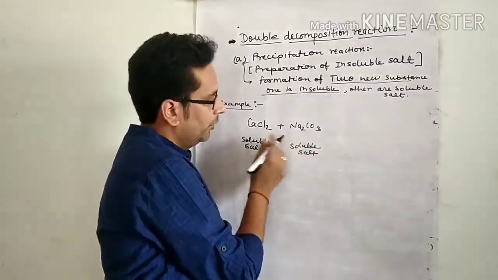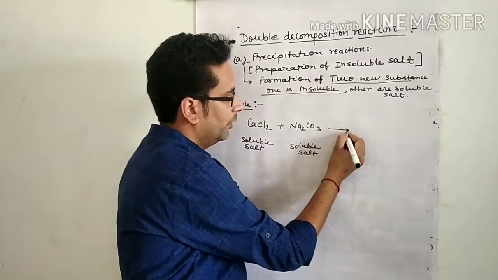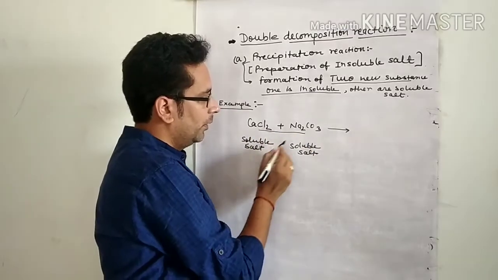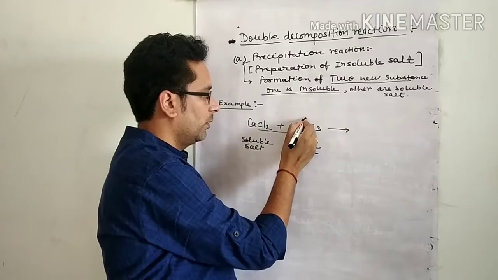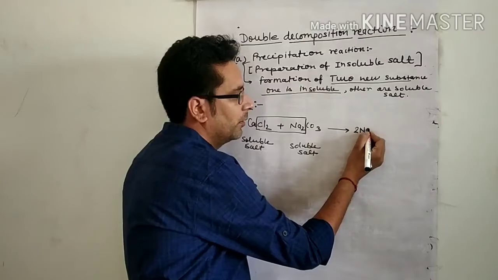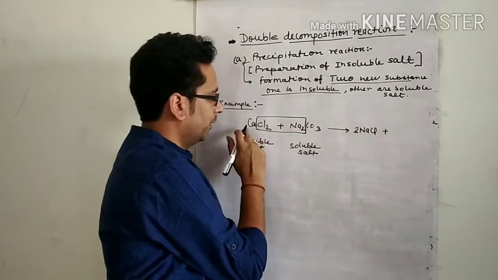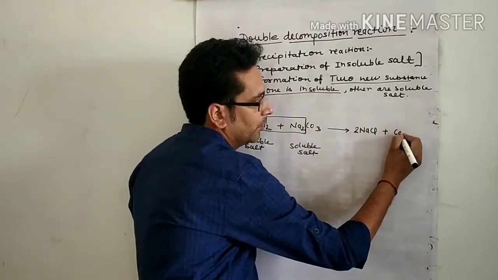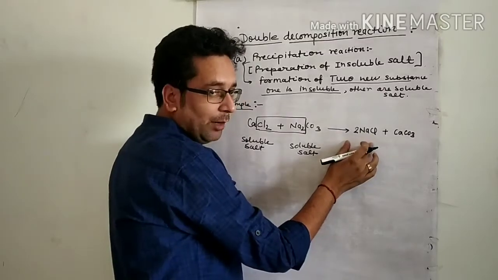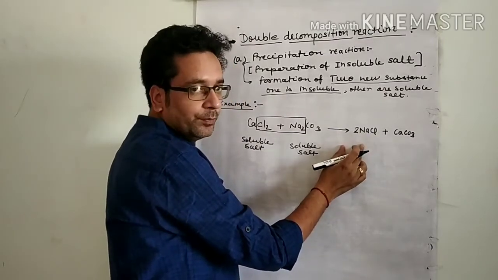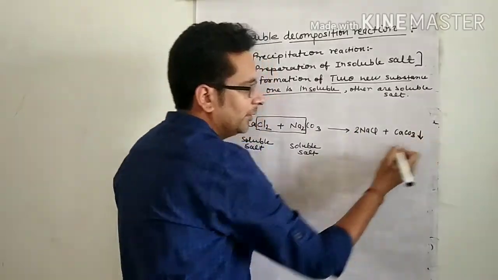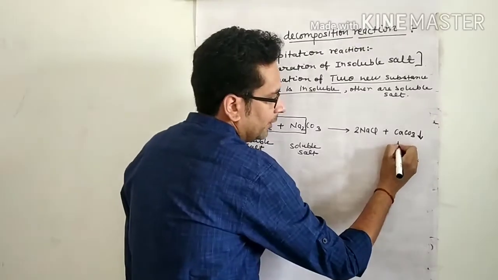So both react to form 2NaCl plus calcium carbonate. Now this is sodium chloride, common salt, and it is soluble in water, whereas this calcium carbonate is an insoluble salt.